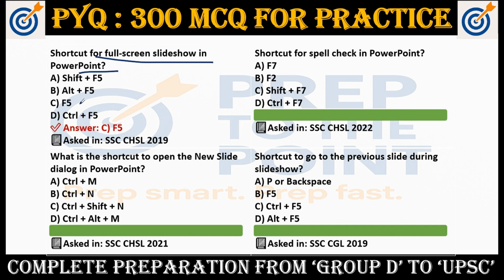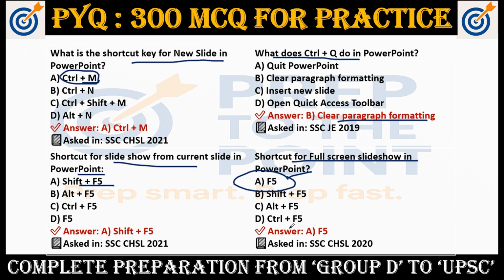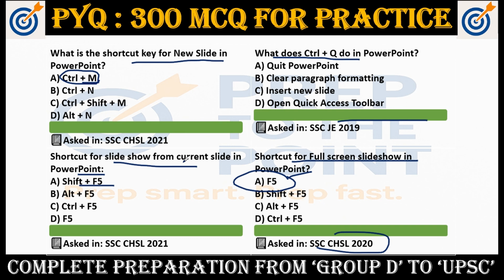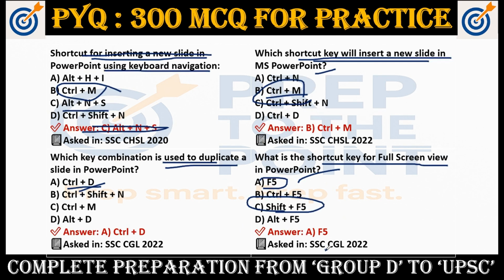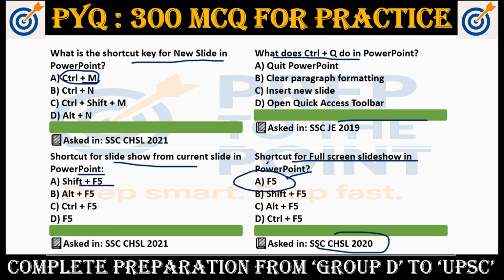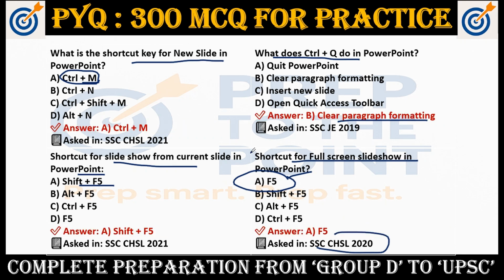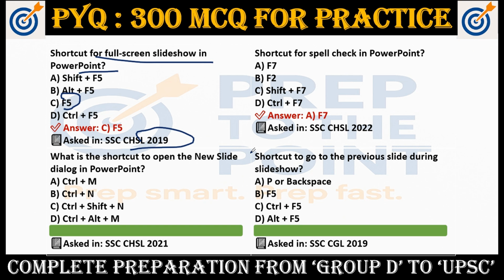Again F5. Look, this is 2019. This is 2020. This is 22. So all the questions which are selected here, all are repeated in competitive exams.